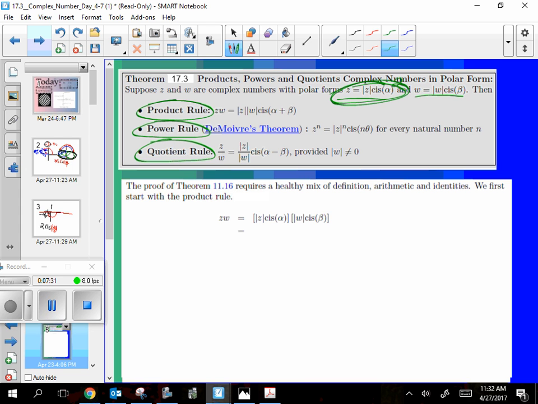Take this and divide by that. So things that are in cis form can be multiplied, put to a power, or divided. And would you try to learn how to do it by reading that for a moment? I will pause and see if you can figure out how to multiply, put to a power, and divide a couple of complex numbers that are in cis form.